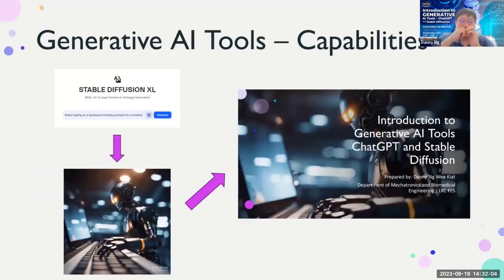Now, if you notice, I have this as my backdrop for the first slide. This image over here is not drawn, but it is actually created from Stable Diffusion. I put in a prompt like a robot typing on a keyboard, entering prompt for a chatbot, and it created this image that I've used for the backdrop.